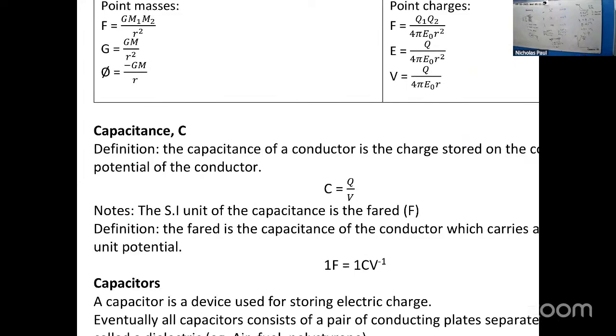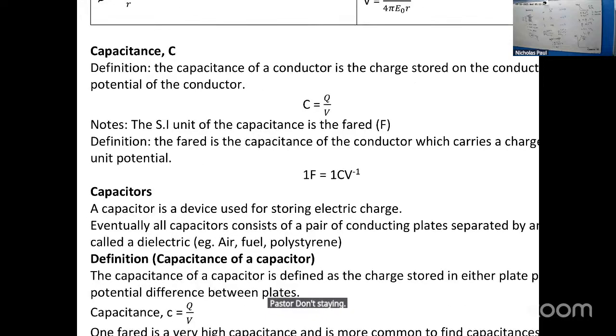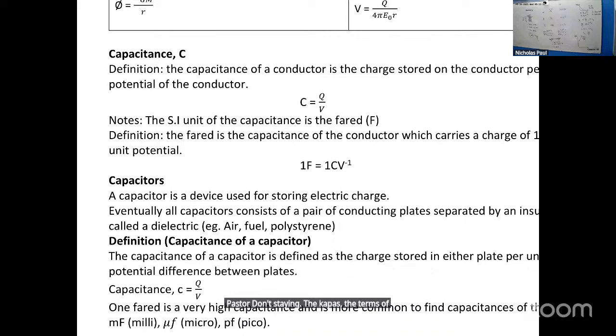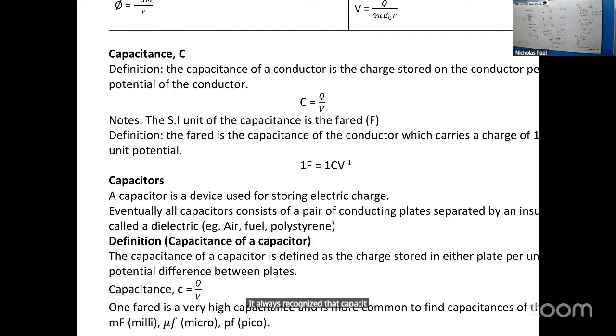Right, capacitance time. The capacitance of a conductor is the charge stored per unit potential, right? So capacitance is Q over V. SI unit, farads. You'd always recognize that capacitance is very small, so you would always get a value in microfarads.